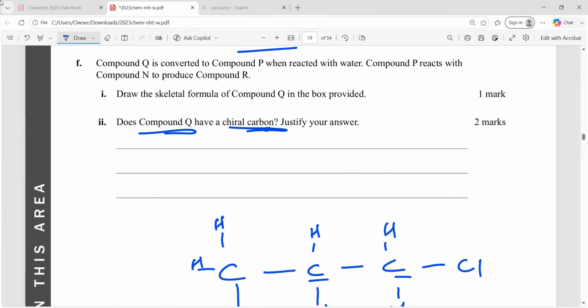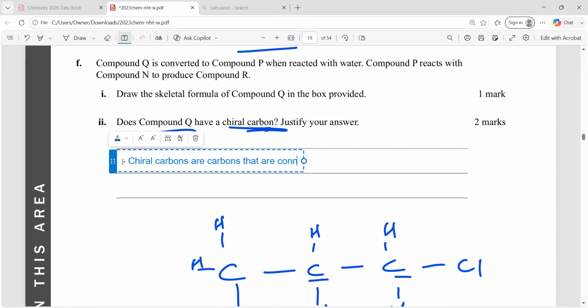Okay. So basically what we can say here is that chiral carbons are carbons that are connected to four distinctly different functional groups.